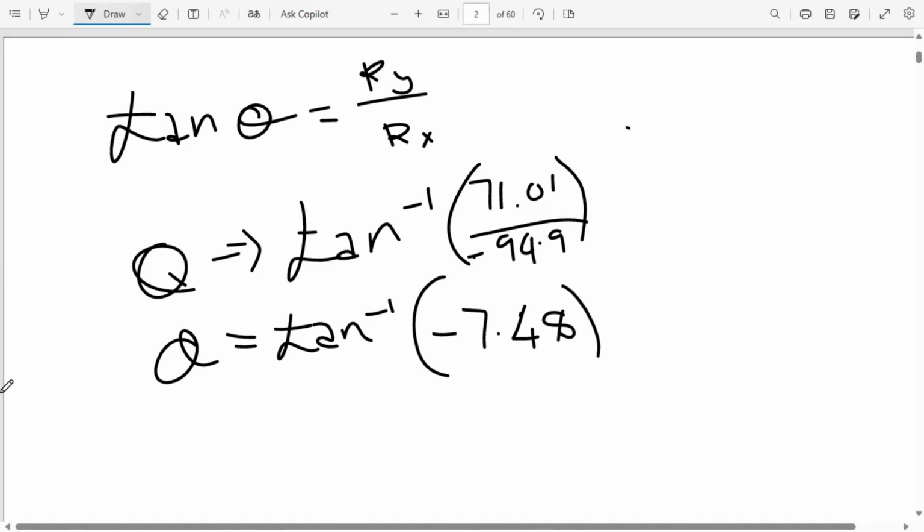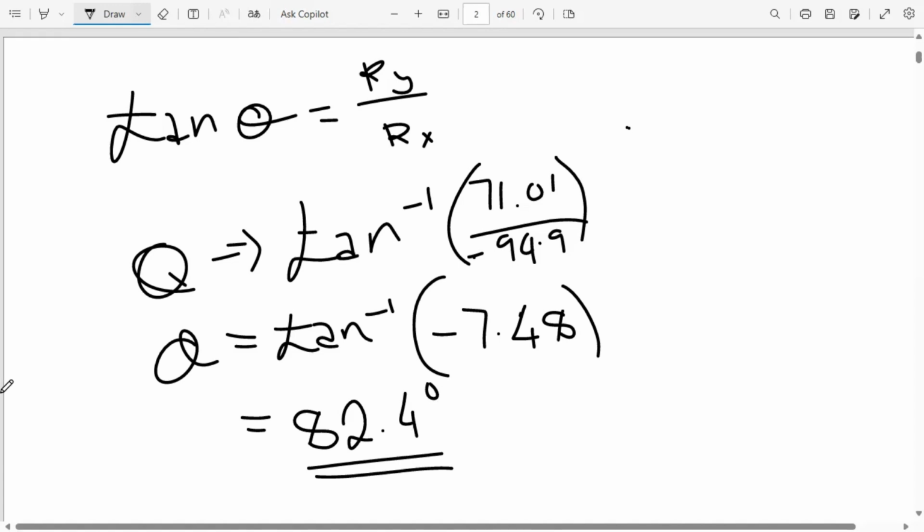So I'll plug this the way it is into my calculator: tan inverse of negative 7.48. This is giving us 82.4 degrees. So this, ladies and gentlemen, is the direction of our resultant.